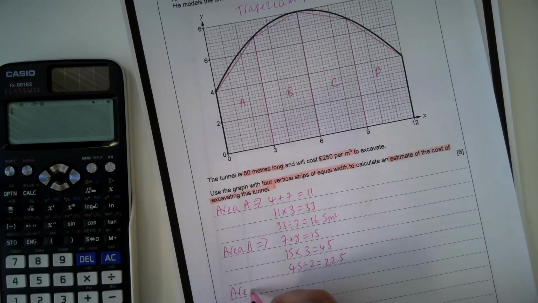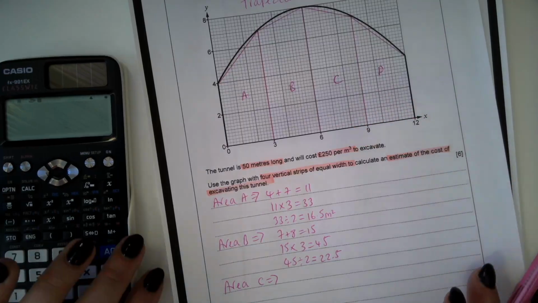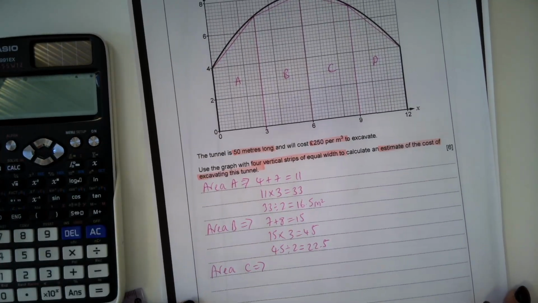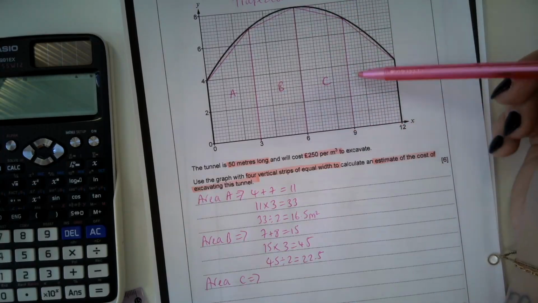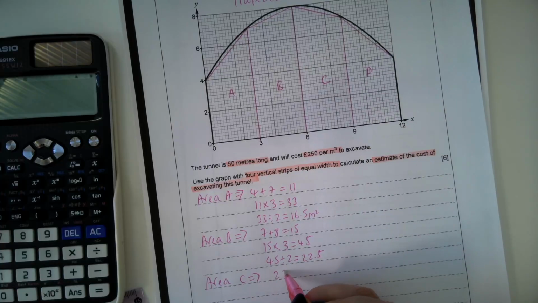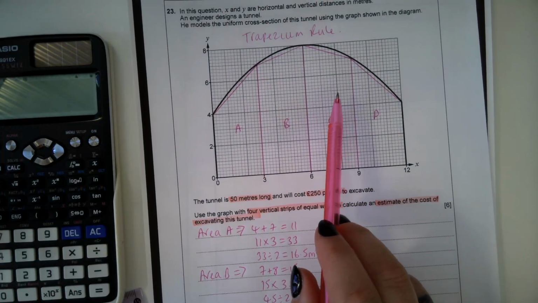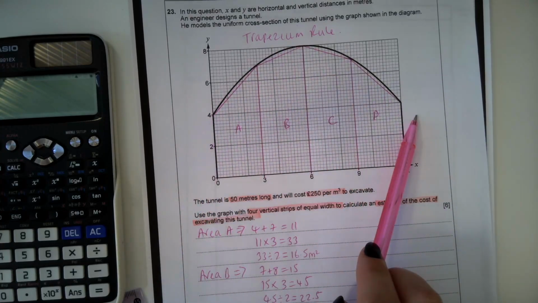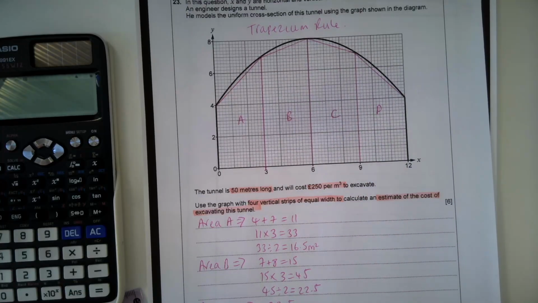Let's do the area of C now. So C and B should be the same, but let's check. So it's 8 plus 7 times by 3. Yeah, so we can say that the area of C is 22.5. The reason why they should be the same is because this is a quadratic, this is a parabola, and they have a line of symmetry. So, but it's worth checking.